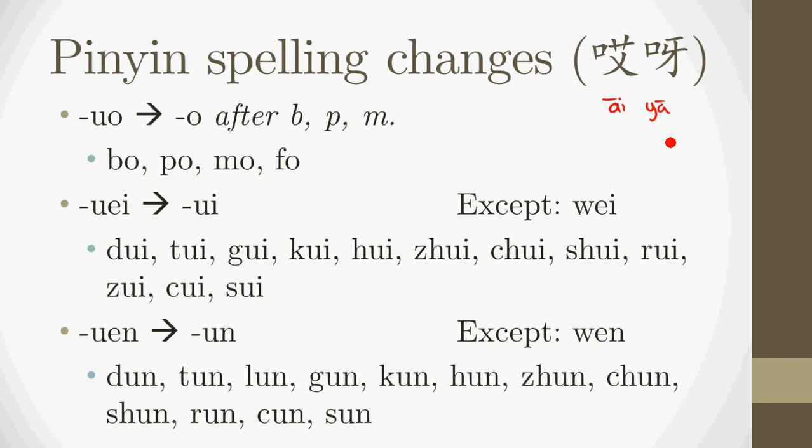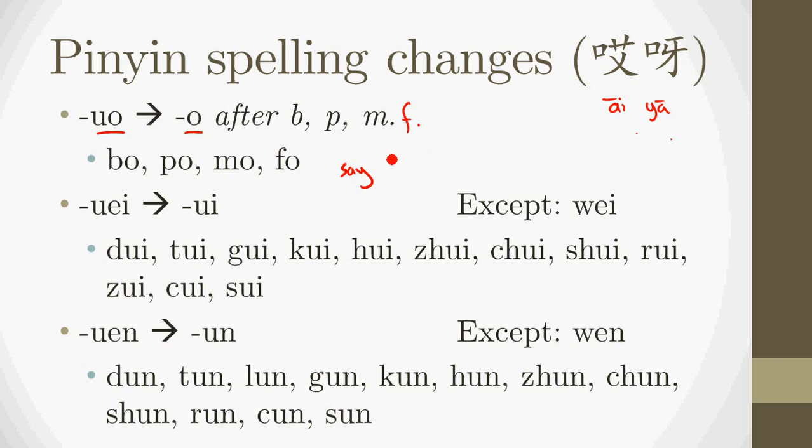Okay, so the first one is the final UO. When it is after a B, bo, P, po, or M, mo, or for as well, we actually change the UO to just O, even though we pronounce it like a UO.